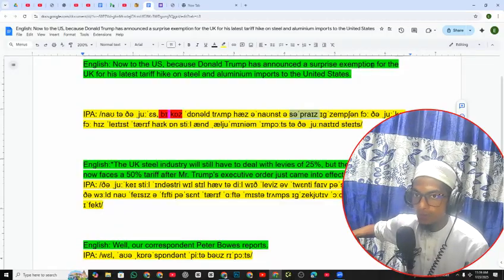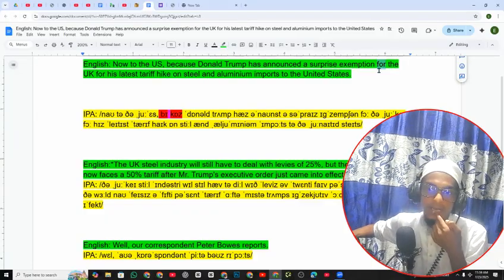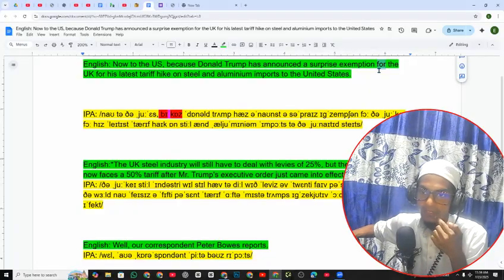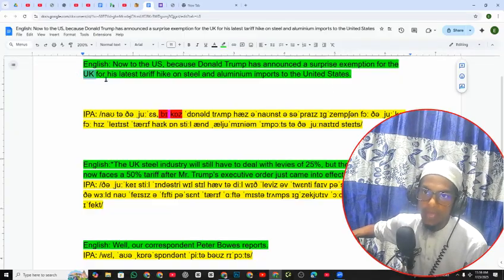Exemption for. In the UK accent, it is pronounced as "for". You need to touch your upper teeth in front, to the middle of your lips. For. Exemption for the UK. It is UK, not UK or UK. For the UK for his latest.